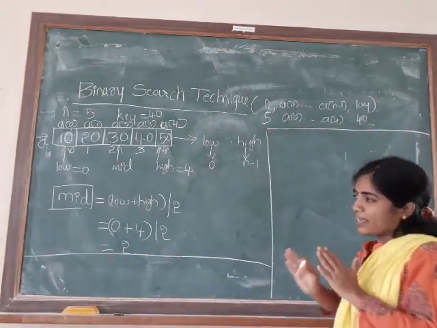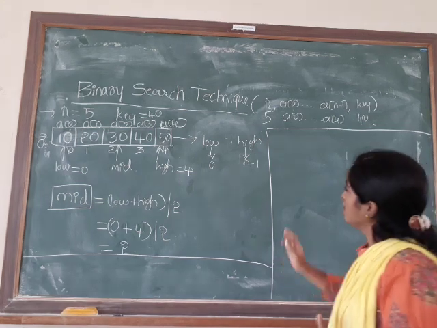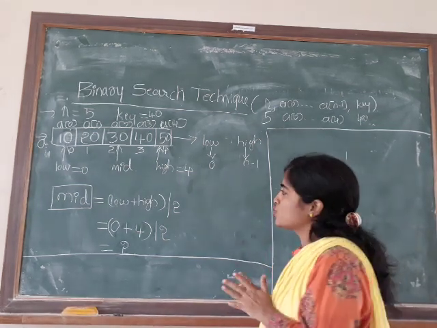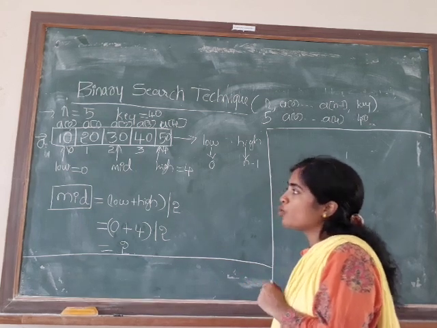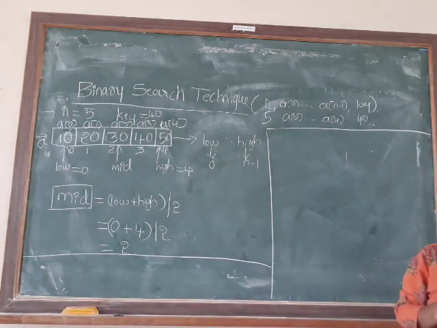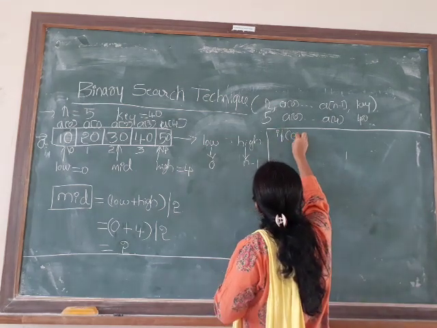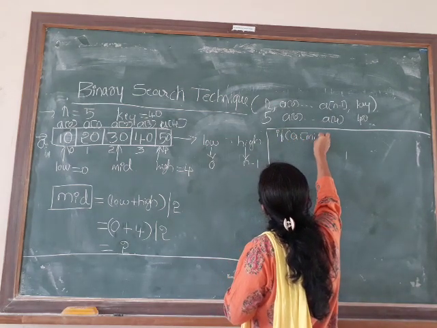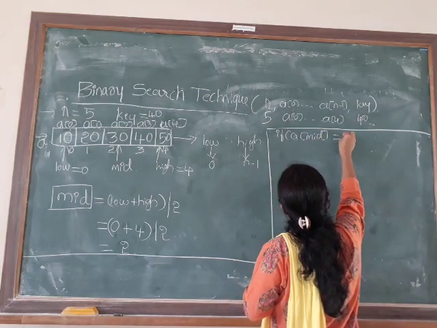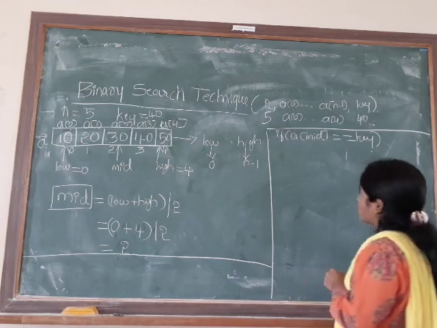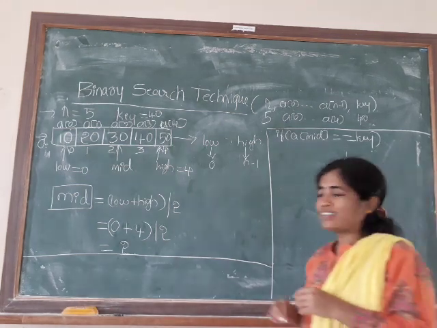I will be doing some iterations here. How to do those iterations? I will compare if A of mid is equal to key.